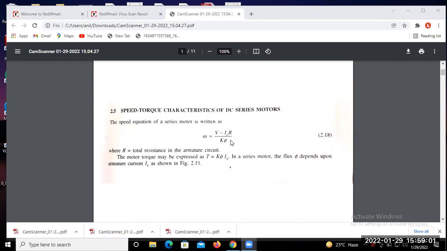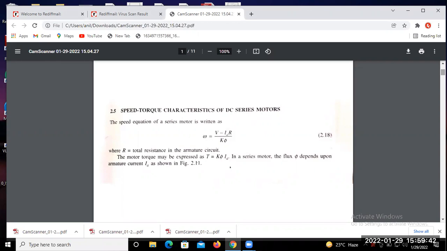कितना हो गया? Some constant, that means if V is the supply voltage we consider as the constant value, that means V divided by the square root of torque into square root of K1 into K. So speed of the DC series motor equal to some constant into square root of torque minus some other constant value.